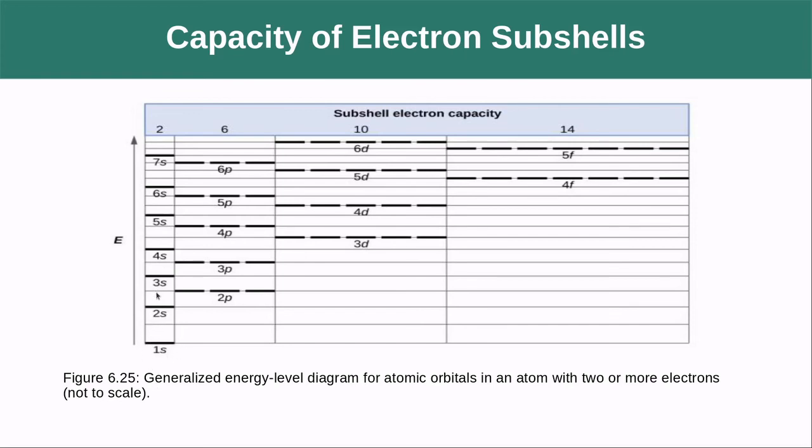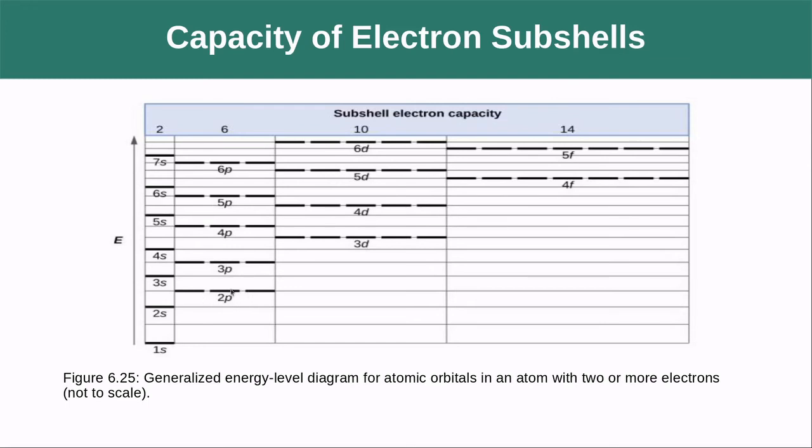The next electron, if we were to add it, has to go up to the next highest energy level, and we put an electron in there. Then we pair that one off. The next electron we add would go into this one. But because it requires extra energy to pair off electrons, the next electron would go into this one, and then the next electron into this one.